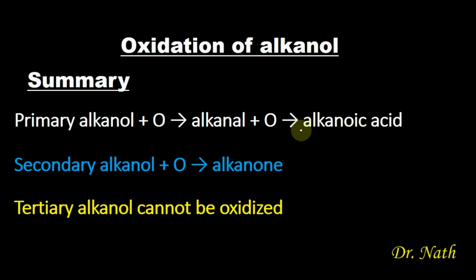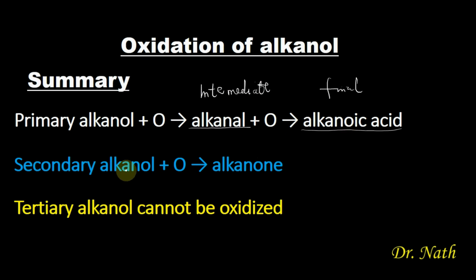So this is the end product of the oxidation of the primary alkanol, and this is the intermediate product. So you can be asked in an exam what is the intermediate product of the oxidation of a primary alkanol. So the intermediate product is the alkanal, and the final product is the alkanoic acid.